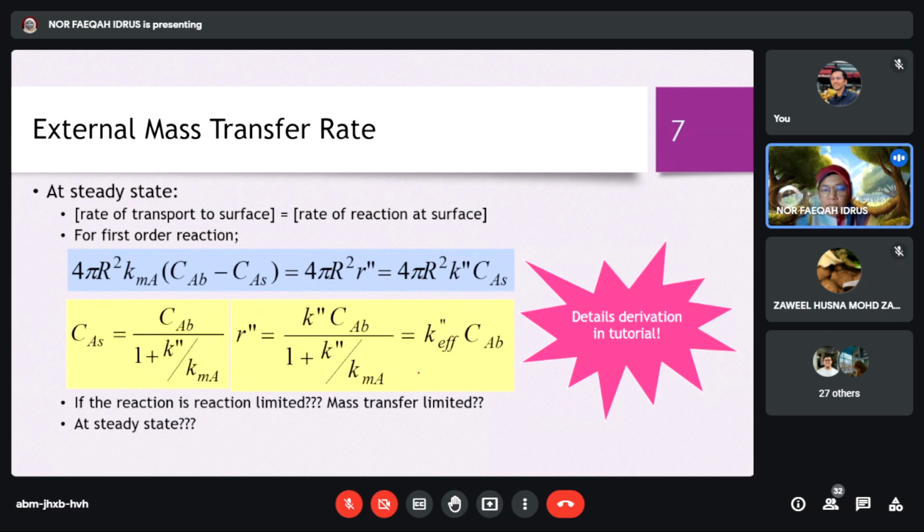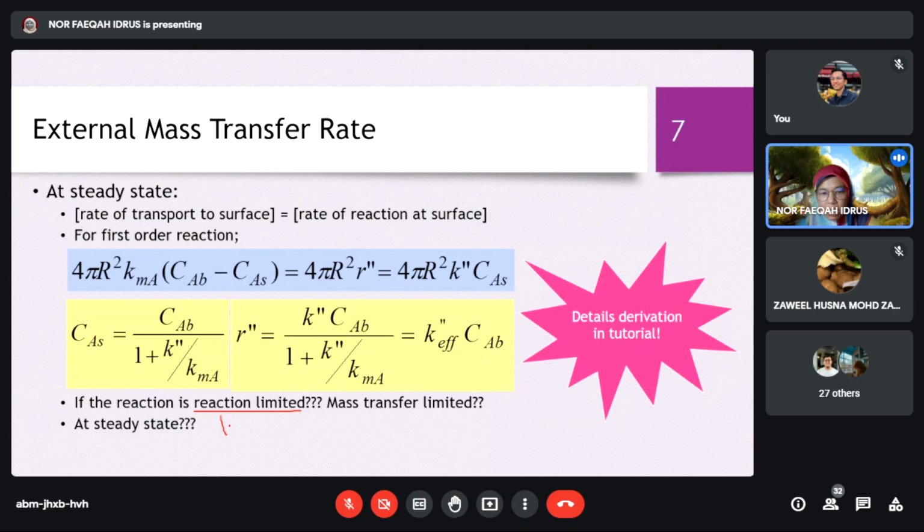Small divided by large is almost zero. 1 plus this is almost zero. So the reaction is reaction limited. So when this term is negligible because this KMA value is much larger, therefore the overall rate law equation becomes R equal to K double apostrophe CAB. Okay, that is for the reaction limited case.